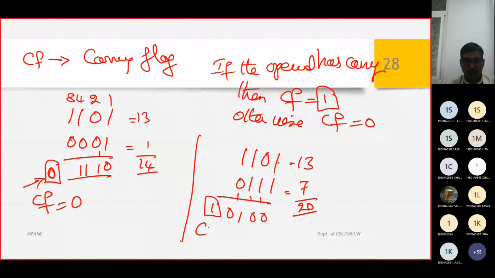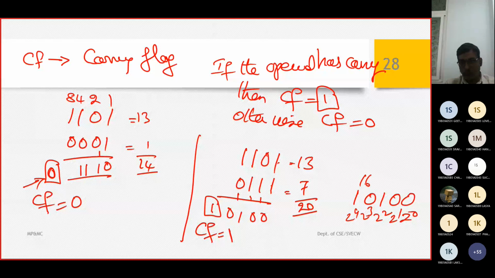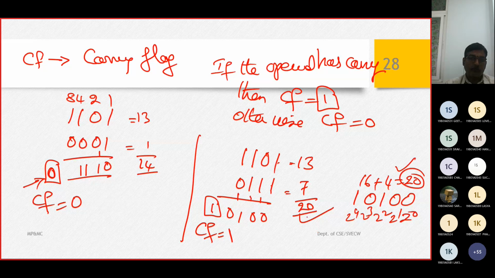So carry flag is equal to 1. So 1, 0, 1, 0, 0: 2 power 0, 2 power 1, 2 square, 2 cube, 2 power 4. So 2 power 4 is 16, 2 square plus 4 is equal to 20. Now where is this bit saved? This bit is going to be saved in the carry flag.